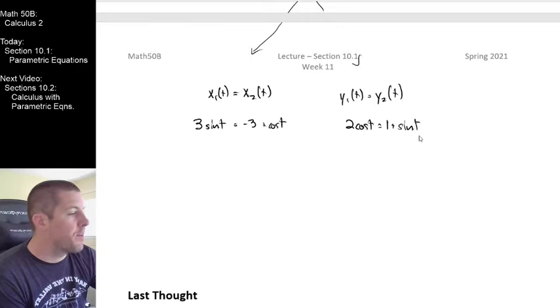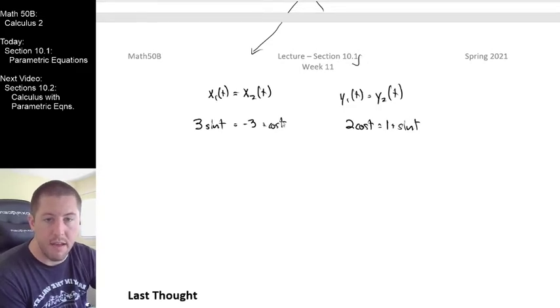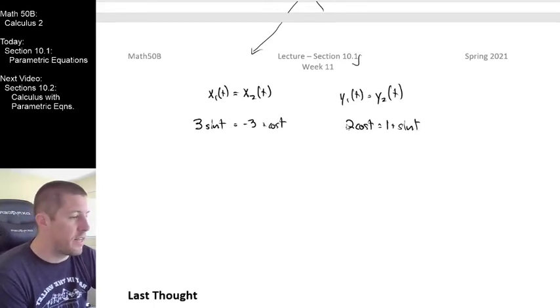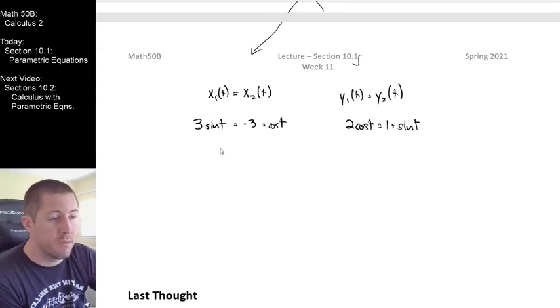Now, it looks like we've got a lot of options right here as far as solving goes. I guess the easiest thing to solve for here is either the sine on the right or the cosine on the left. I think that solving for the cosine on the left is going to be simpler. Whatever, we're just solving a system of equations. I just want to get some cosines and sines to line up right here.